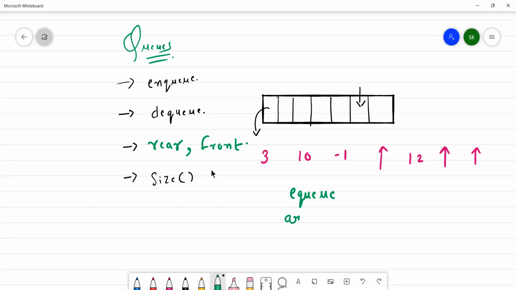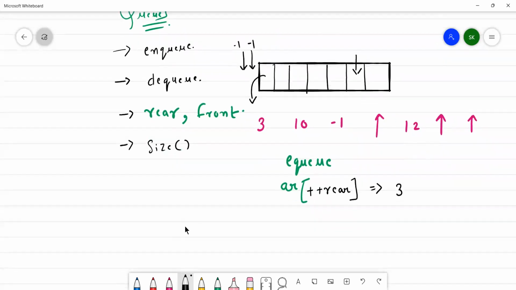It will be array of... you know that when there is no element, both the pointers will be at -1, right? When no element is there, it is -1. So what will you do? You will increase your rear first of all, and now you will insert your element, that is 3. Clear to all?